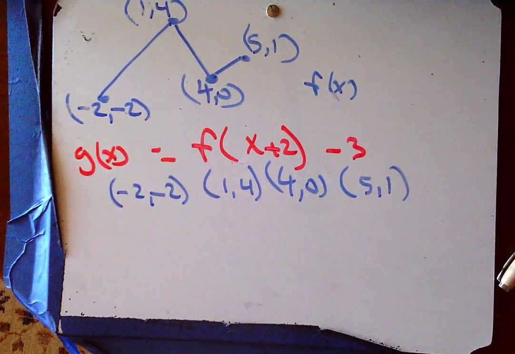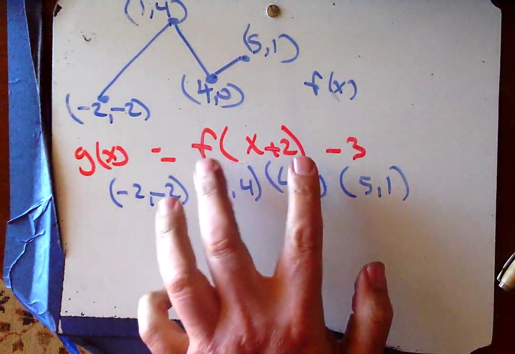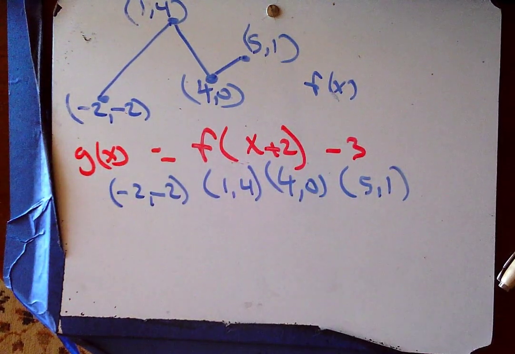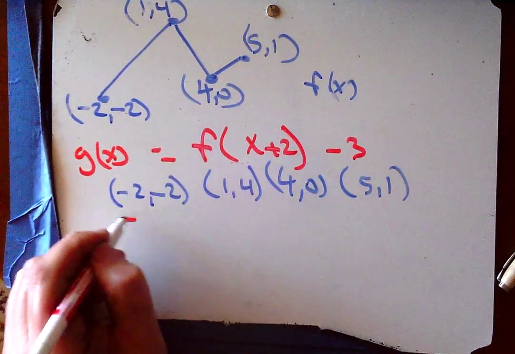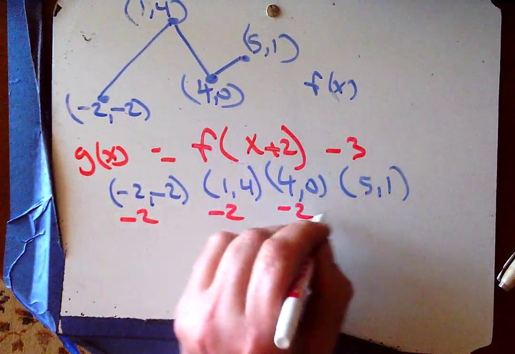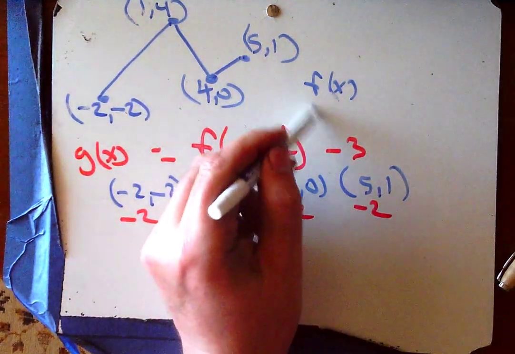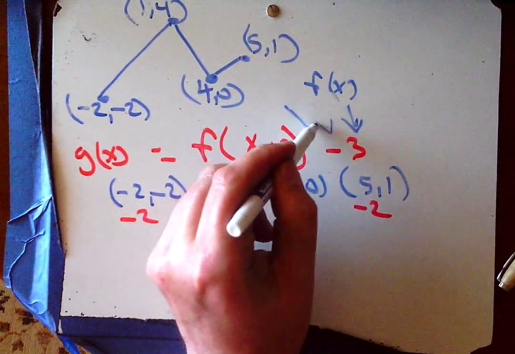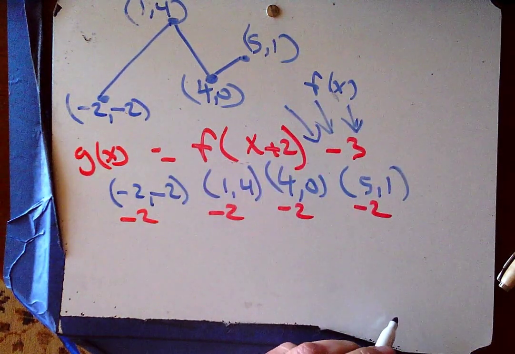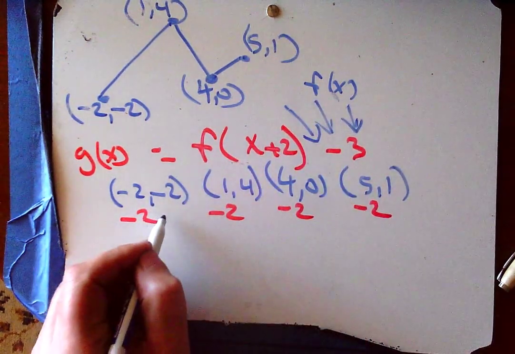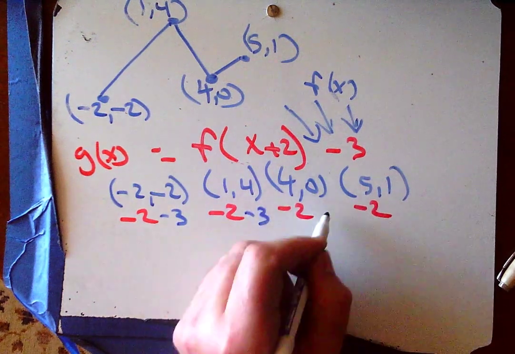And let's apply our transformations. What transformations do you see? I see this plus 2 inside the function, so I know that's going to affect x's. I have to do the opposite. I have to subtract 2 from the x's. What about this? Well, this is outside the function, so I know it affects the y's. I do what I see with y transformations, so I'm going to subtract 3.